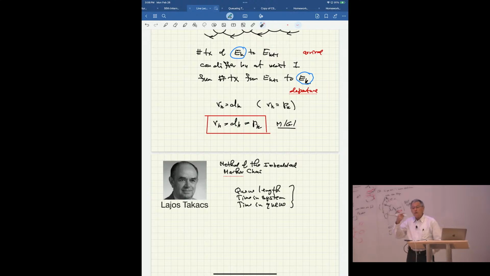And then we'll get the transform, namely the distribution transform, of queue length, time in system, and time in queue. And all of these are going to be related to something called the Pollaczek-Khinchin equations.